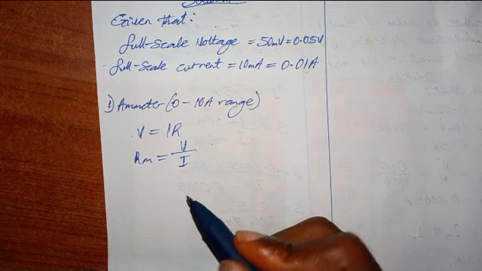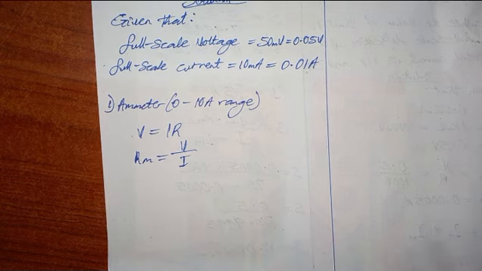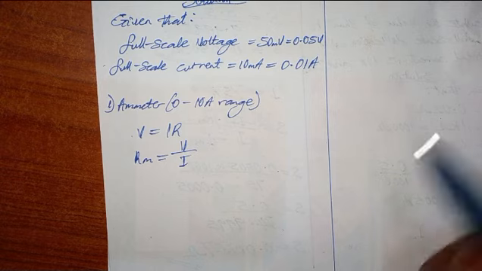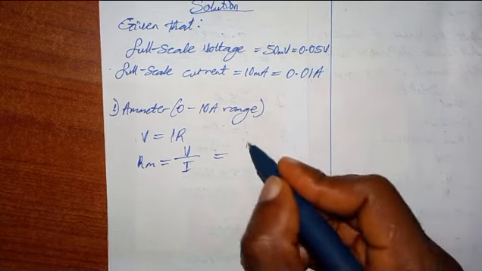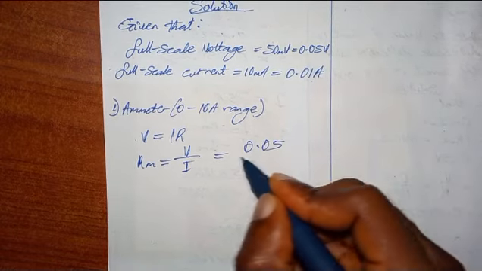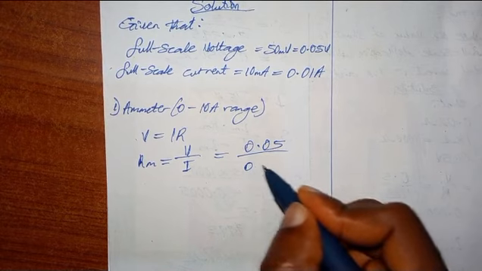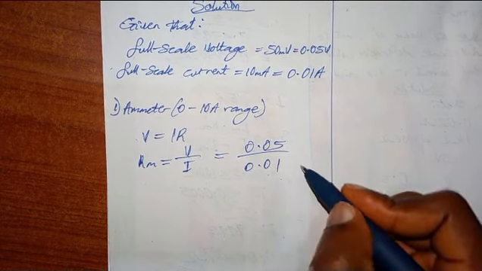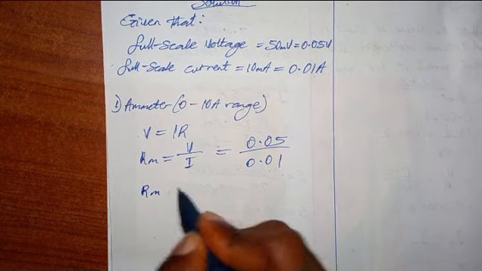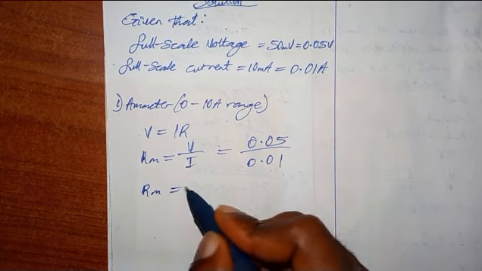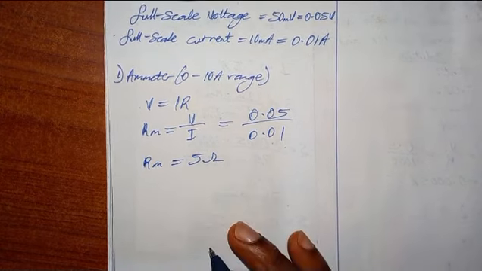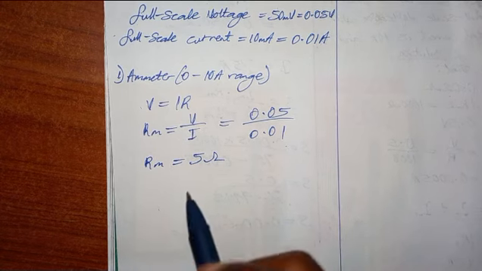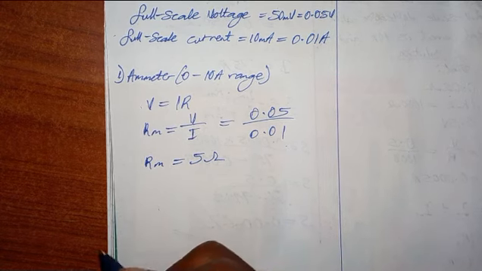The parameters here are V equal to 0.05, and the current here is 0.01. So Rm will be equal to 5 ohms, which is the resistance, not current. Remember, the resistance here will be 5 ohms.